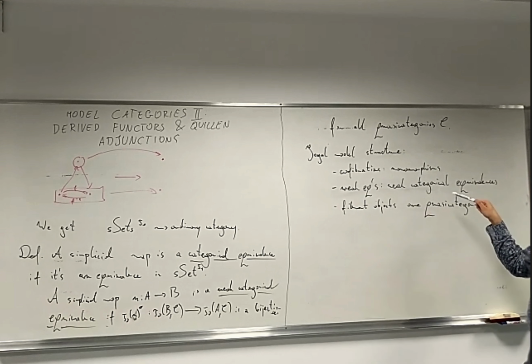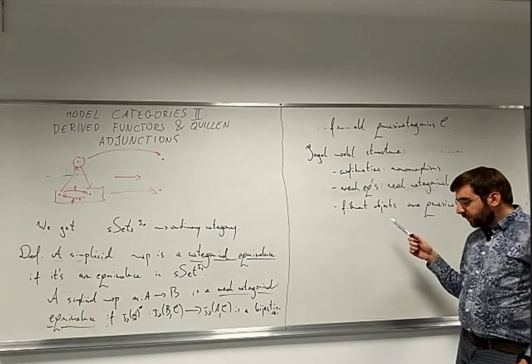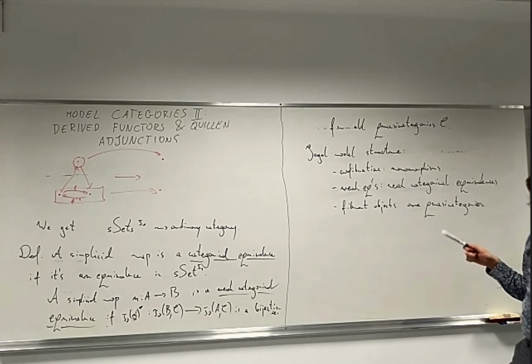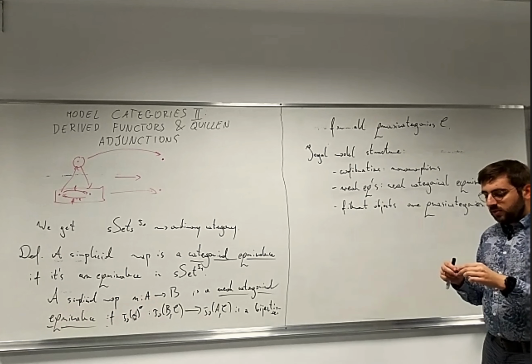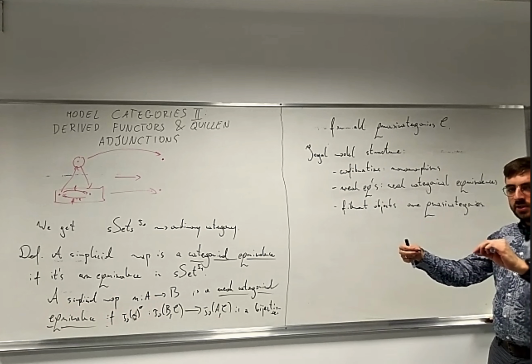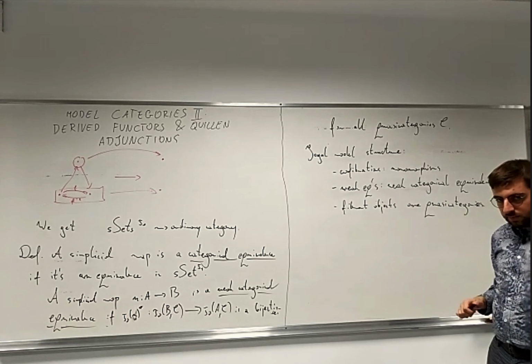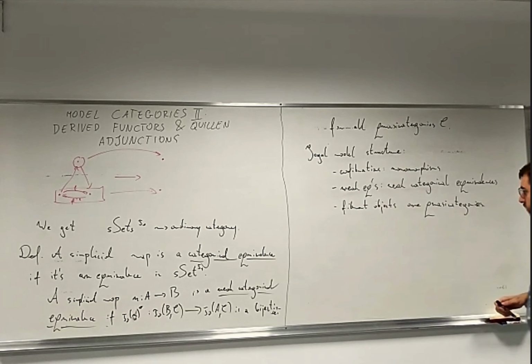And what are fibrations? Fibrations are so-called inner fibrations, maps which have the lifting property with respect to inner horns, but we need a second condition: fibrations are inner fibrations and isofibrations. This means that if we have an equivalence in the image, we can always lift it to an equivalence on the top. Okay, and I think I will stop here.